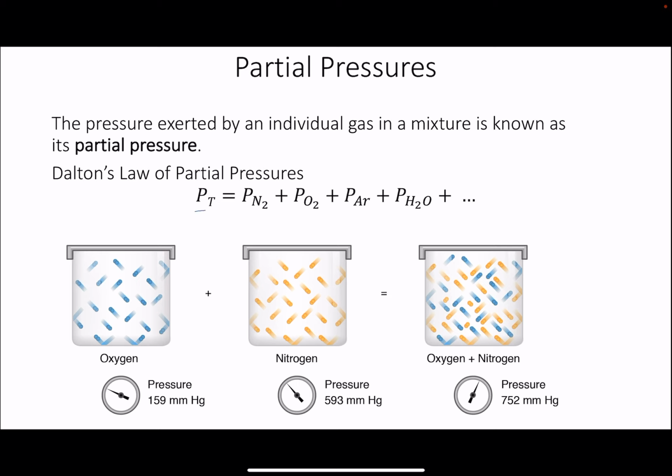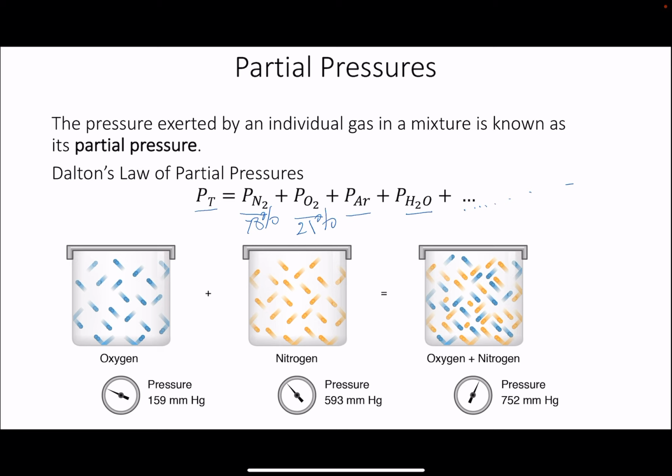So here PT, the total pressure in the atmosphere, is equal to the partial pressure of N2 gas, plus the partial pressure of oxygen gas, plus the partial pressure of argon gas, plus the partial pressure of water vapor, plus all the other gases in the atmosphere. And so nitrogen is 78% of the atmosphere, oxygen's 21% of the atmosphere, and so that's 78 plus 21, 99% is those two gases.